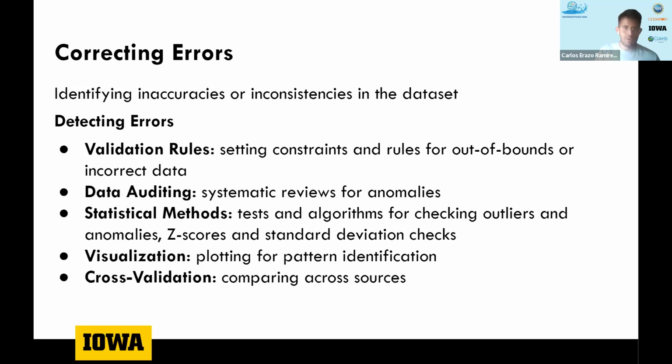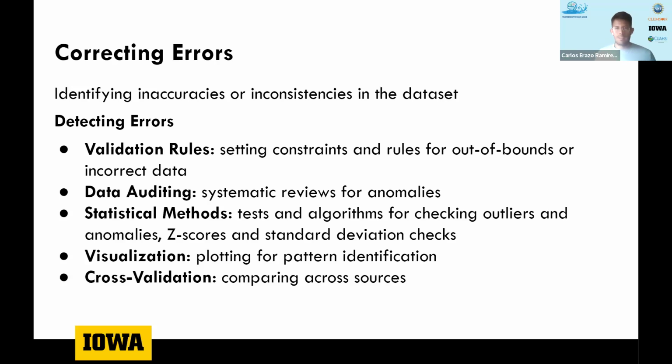Data auditing. If you are managing large data from multiple sources or multiple locations, doing these systematic reviews is actually set in place for many companies that provide information. Statistical methods: tests and algorithms that are checking continuously for outliers and anomalies. They use particular tests such as Z-scores, standard deviation checks, and others.